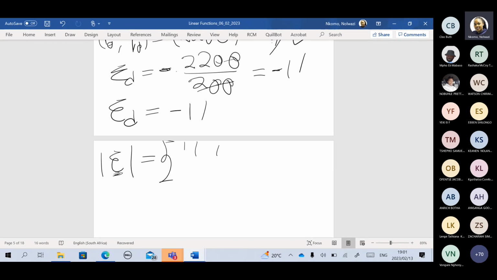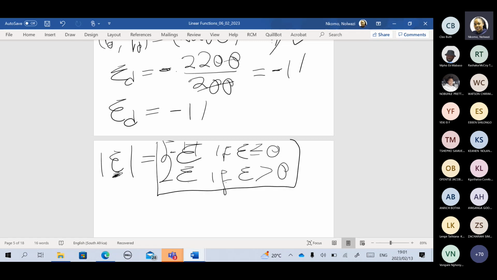If we had 11 here, the absolute value will be positive whether it was minus or plus.